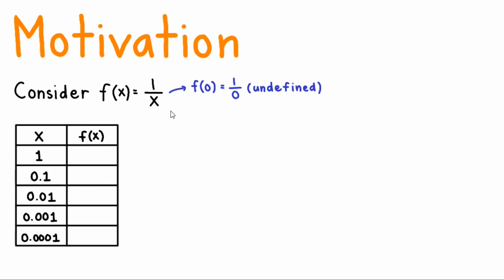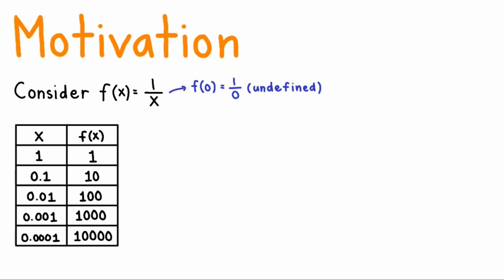So at x equals 1, we just plug this in, so we'll have 1. At x equals 0.1, we'll have 1 over 0.1, and then just move the decimal point to get 10. We do the same for the remaining values to obtain 100, 1000, 10,000.